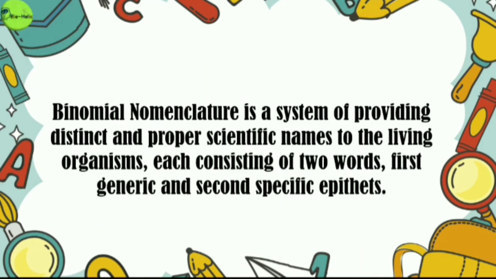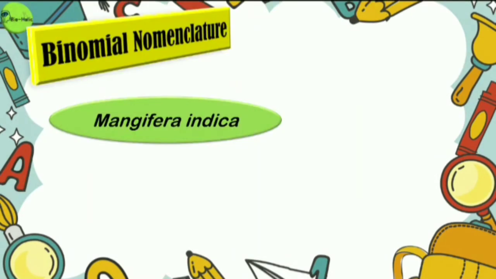So what is binomial nomenclature? The binomial nomenclature is a system of providing distinct and proper scientific names to living organisms, each consisting of two words, first the generic name and the second the specific epithet.